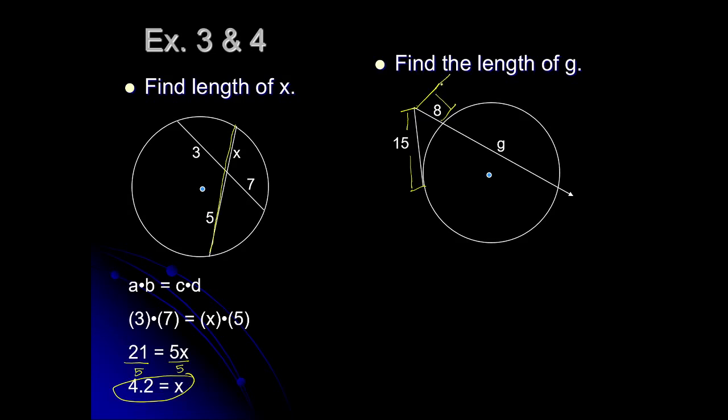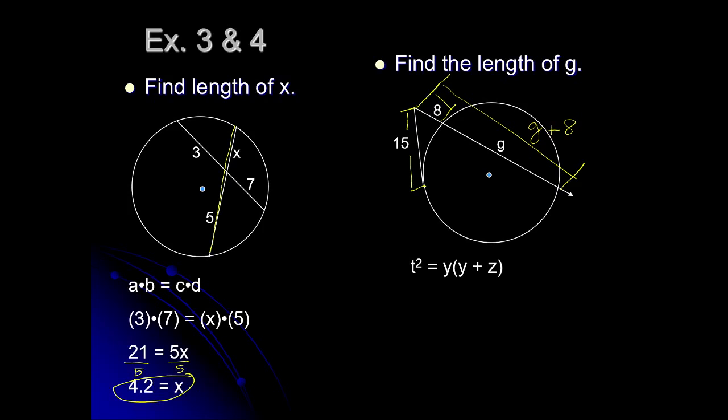Our longer side is G plus 8, or 8 plus G. So take note of that. The measurements are 15 for the tangent; for the secant, the shorter is 8 and the longer is G plus 8. So let's use the concept. What's the tangent?